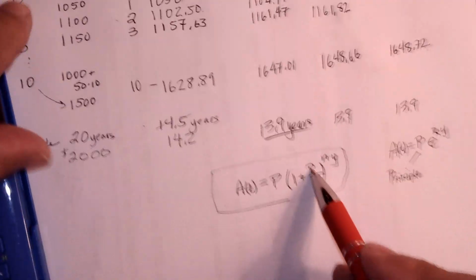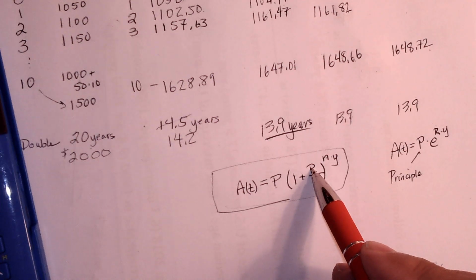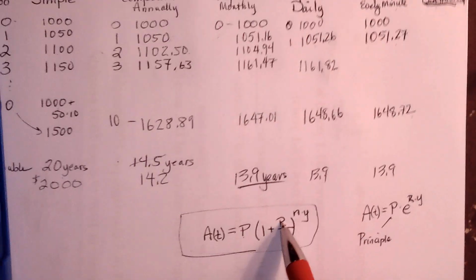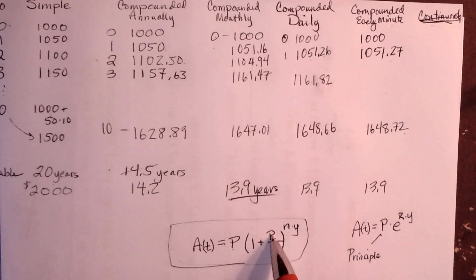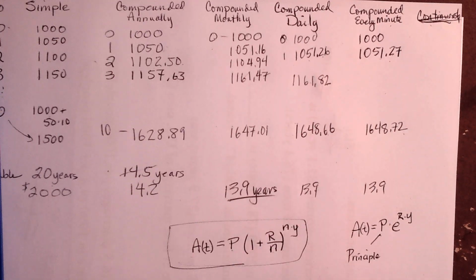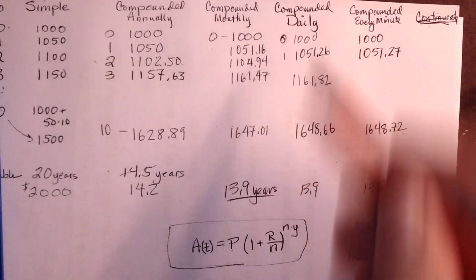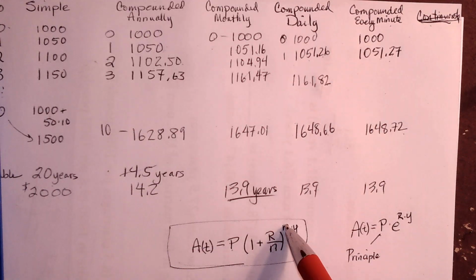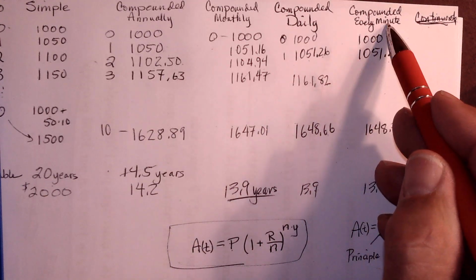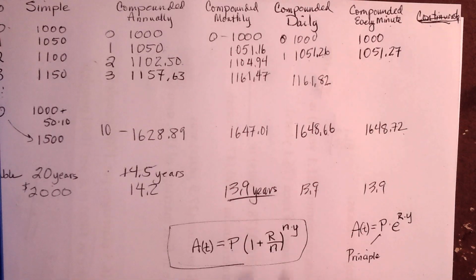The interest rate is our APR of 0.05. Sorry, I bumped that and moved my camera. And if we're doing it daily, n would be 365. And if we're doing every minute, we would be doing 365 times 24 hours in a day times 60 minutes in each hour.